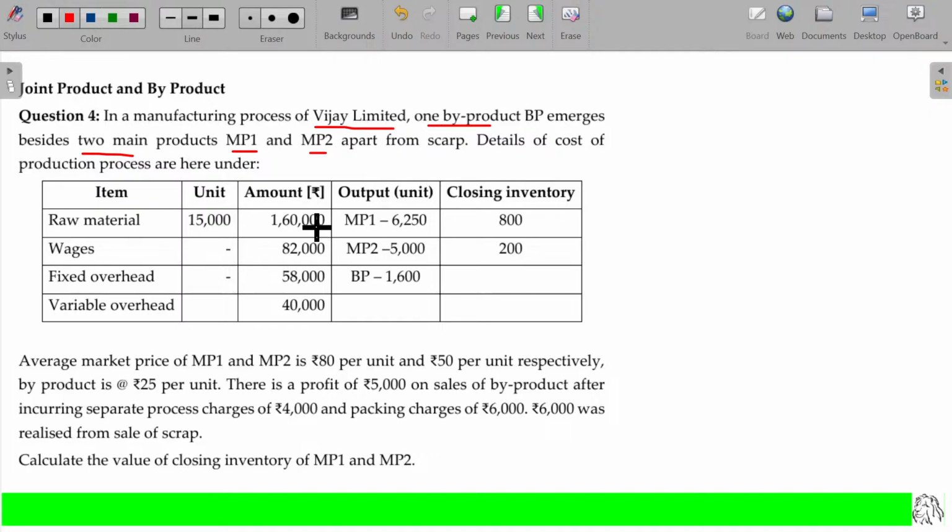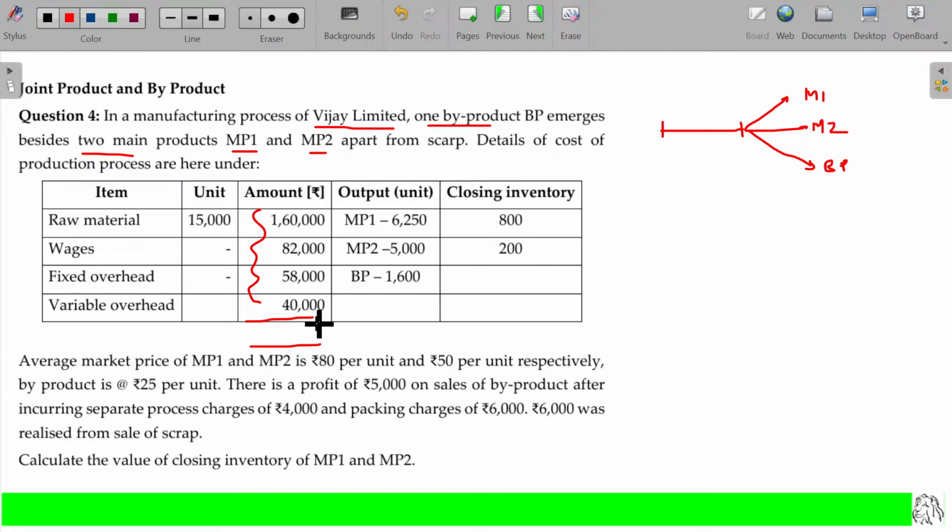Now, in a joint process, at the end of the joint process, we get two main products, MP1, MP2 and one byproduct. And the amount spent for the joint process being this much.